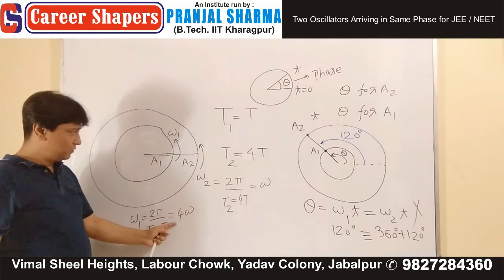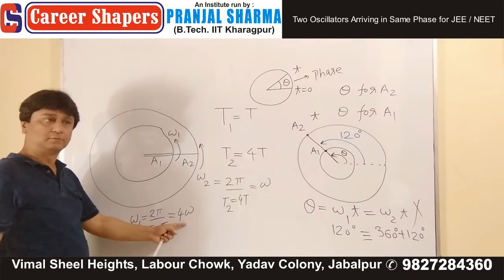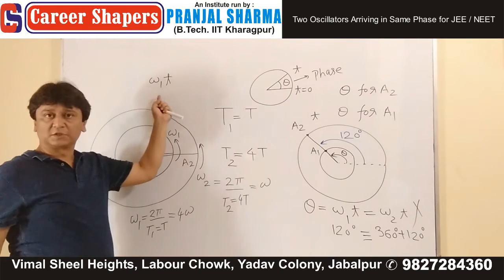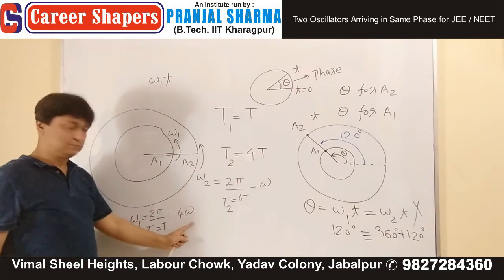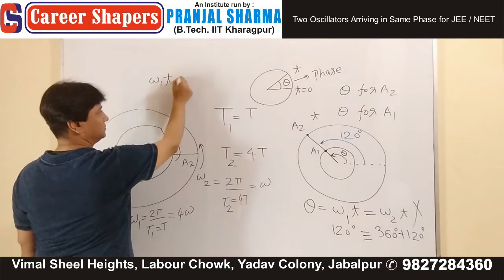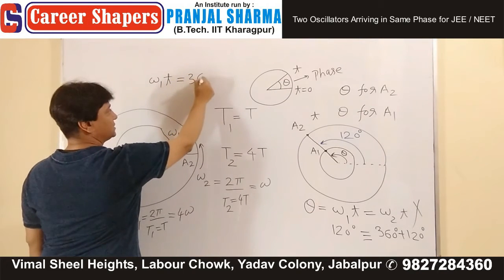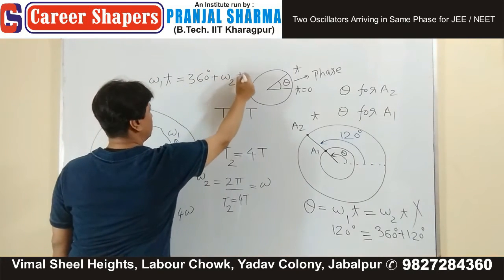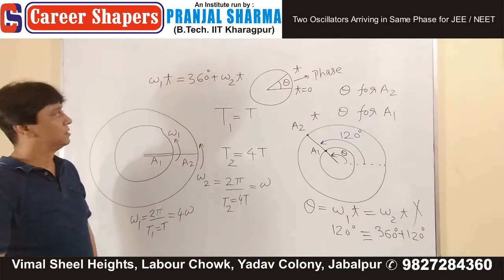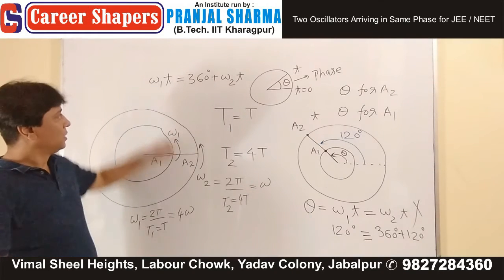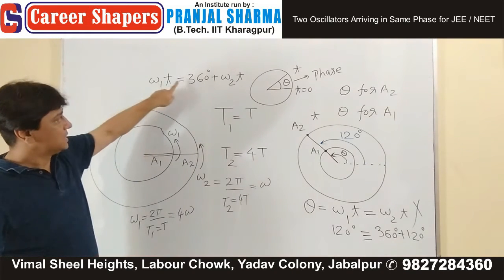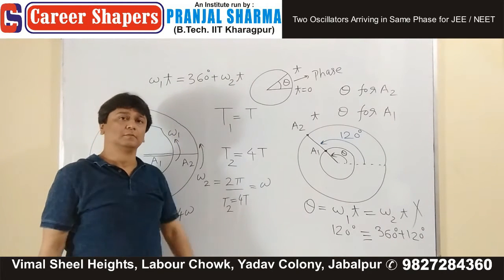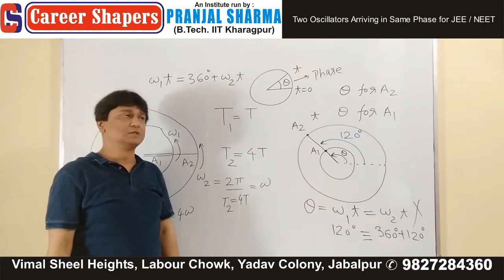The faster one, which is omega 1, in time t covers this much angle, which is 360 plus the angle covered by the slower one. Omega 1 t is equal to 360 plus omega 2 t. That is the answer.